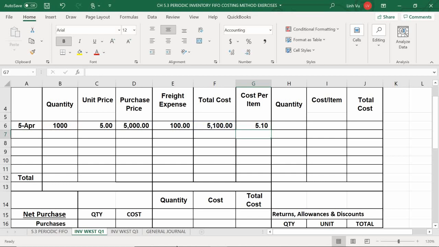Now, if cell referencing isn't something that you want to do, then yes, you can type those numbers in manually if you'd like. It will give you the same results. However, if you do that, you would have to punch in every single number for every single calculation.